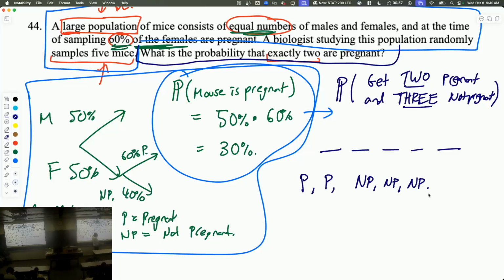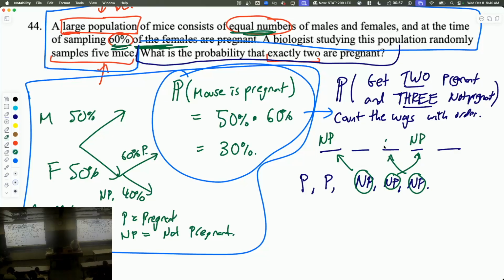But there's more than one way to do it, because there's more than one way you could put these in order. So I'm going to count the ways with order. For example, maybe this NP goes here, this NP goes there, this NP goes here, and then these P's go here and here. So this is one of the ways.